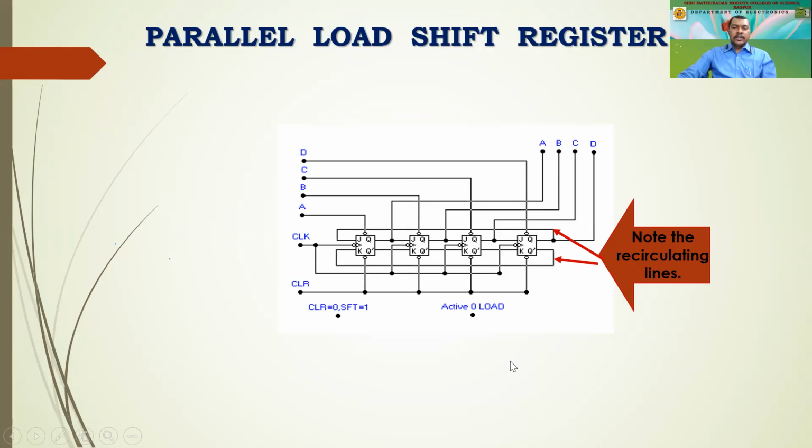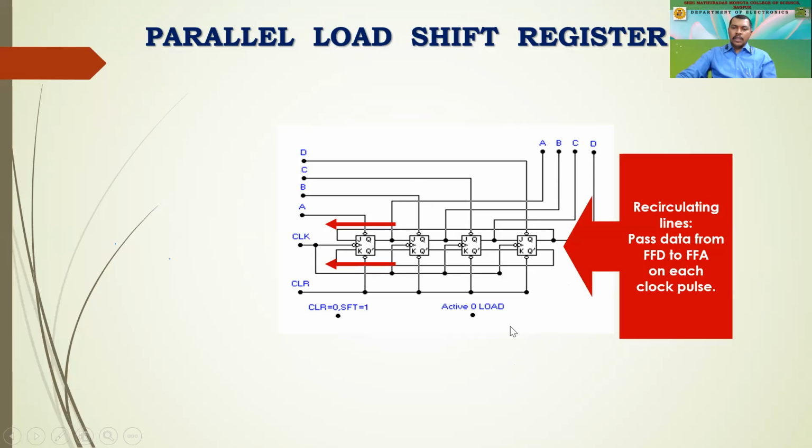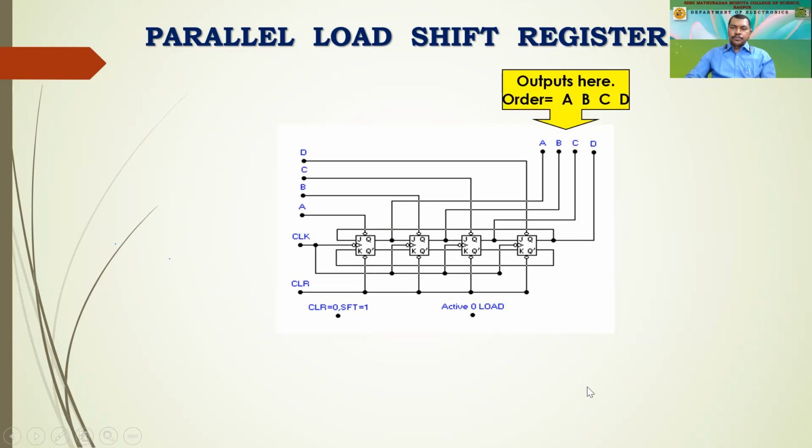This data is being fed back to J, and the complement of the last flip flop is given to K. So accordingly, we have circulating lines, and this passes the data from FFD to FFA on each clock pulse. So this data is being shifted again in circular fashion. This is nothing but the ring counter, right? And these are the outputs over here in the order A, B, C, D.